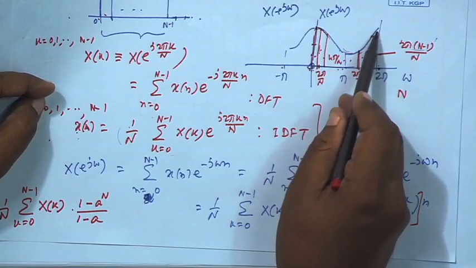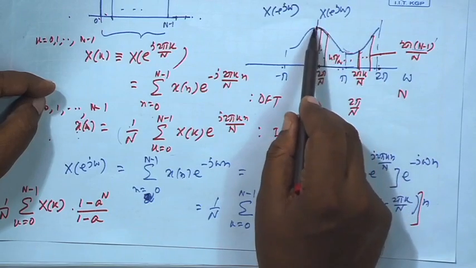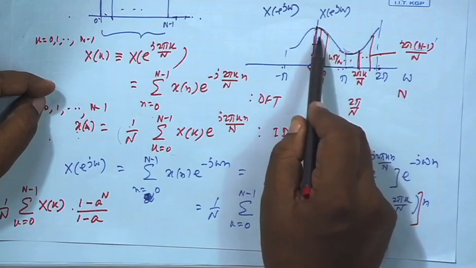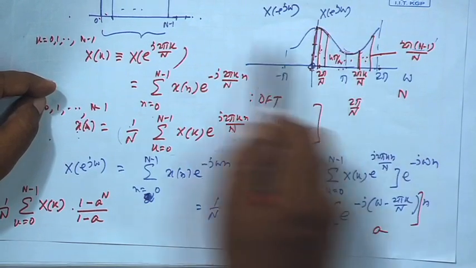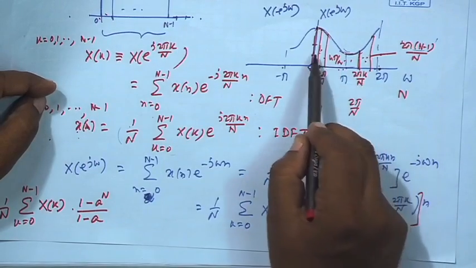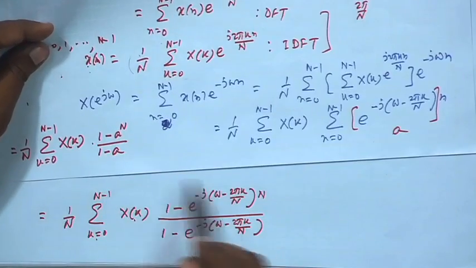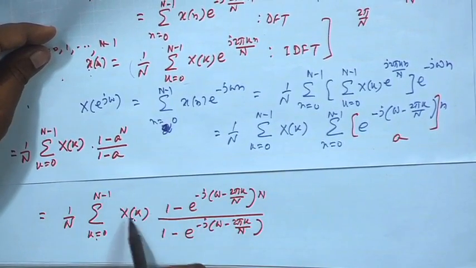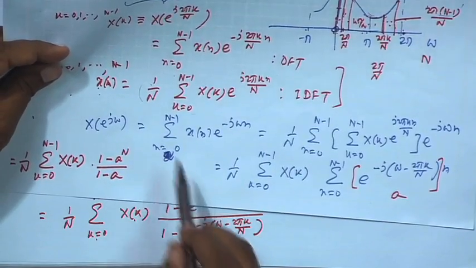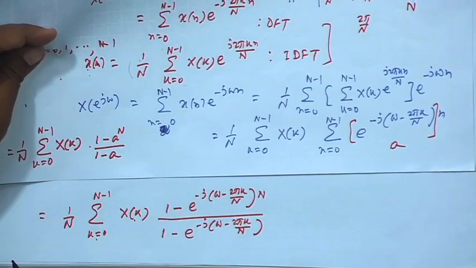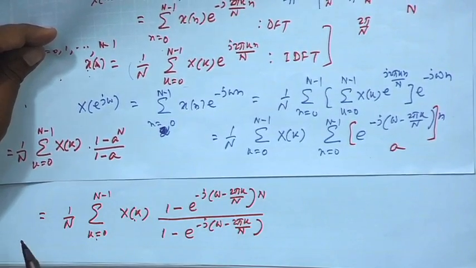So, for DTFT I do not need to store the entire envelope. If I store the capital N number of samples, where N is the length of the original sequence, then by putting those samples in this formula, I can get back my DTFT. So, it is another interpolation formula. Okay.